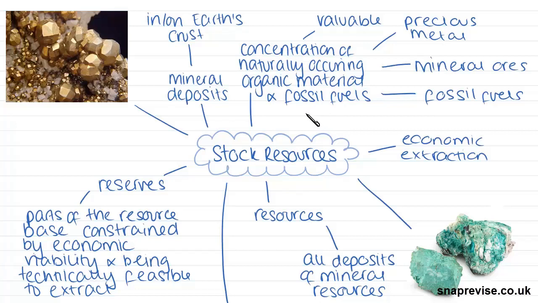They are very valuable and can be found in solid, liquid or gaseous states, and they can be either inorganic or fossilized organic material. This includes precious metals such as silver and gold, as well as mineral ores such as iron and copper, and this is some copper ore here. It also includes fossil fuels such as coal, oil and gas.